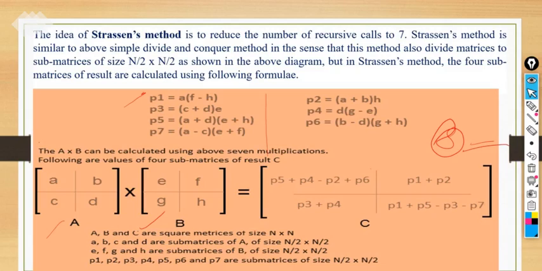At the place of P1, what could be there? A into F minus H. A, this one, into F minus H, right? So what will it be there? At the first place. Then we have to find the second place, third place, and fourth place, right?